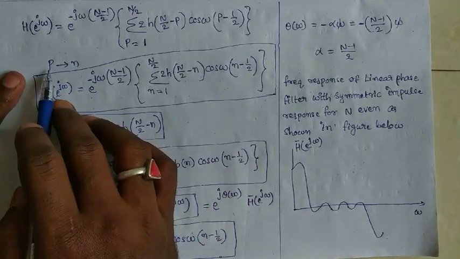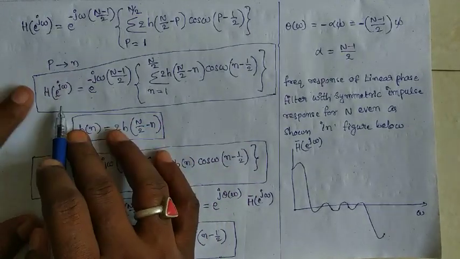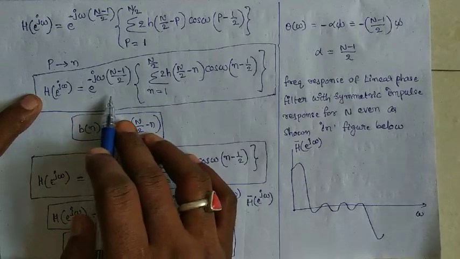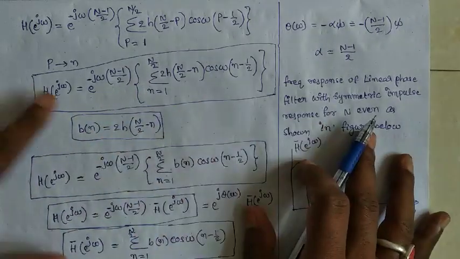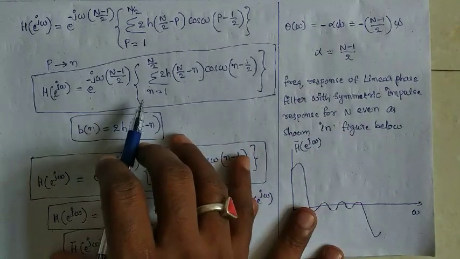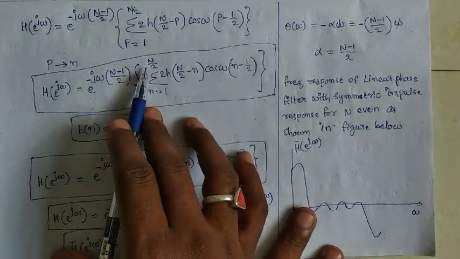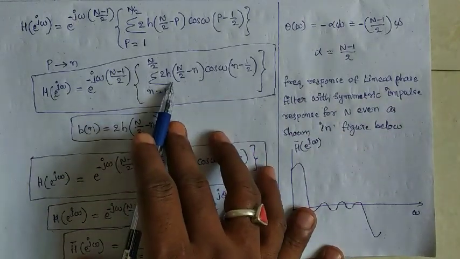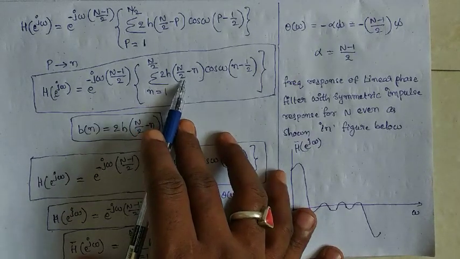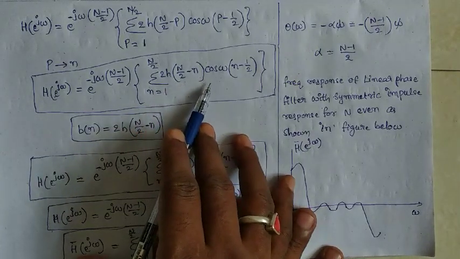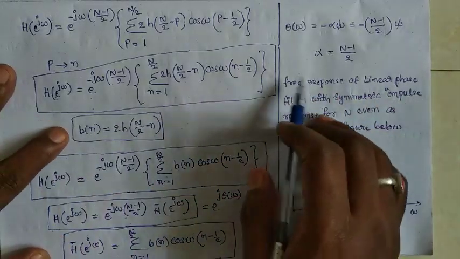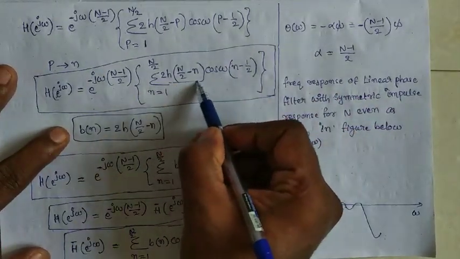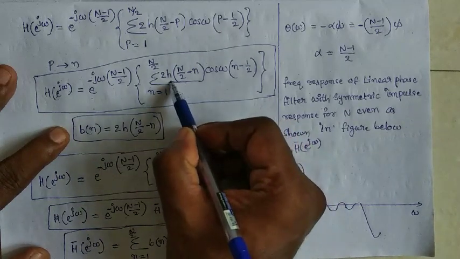Now we are changing p to n. Here h of e power j omega is equal to e power minus j omega of capital N minus 1 by 2, of summation n is equal to 1 to N by 2, 2 into h of capital N by 2 minus n cos omega of n minus 1 by 2. Now I am considering this one as b of n.